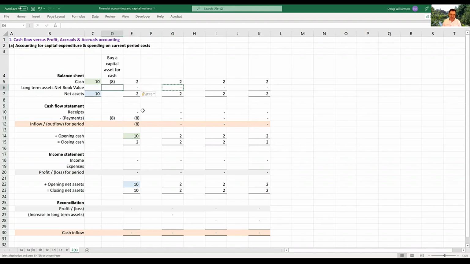So rather than charging that amount to the income statement, we're going to recognize an asset on the balance sheet. And let's say it's the last day of the year, so we're not going to have any timing to deal with. Okay.